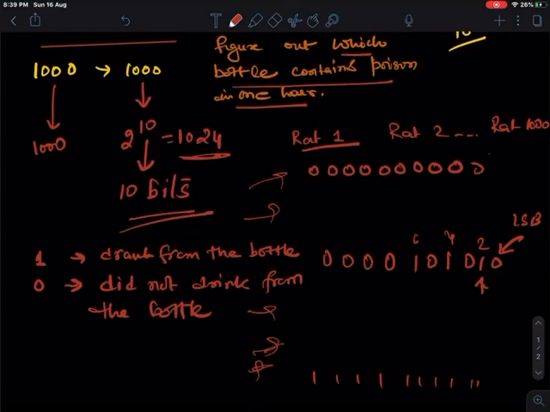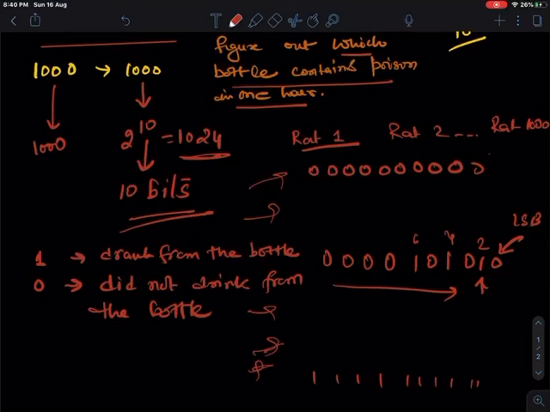Okay, that's all you need to do. Or if you want to go from the other side, you would go 1 2 3 4, rat 5, rat 7, rat 9. Anyway, it's good.